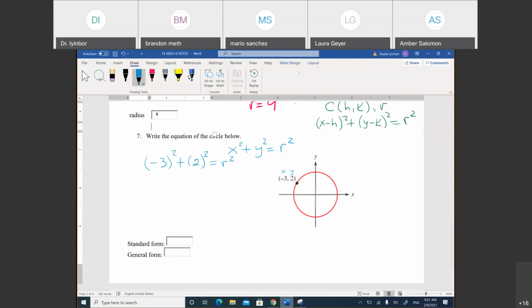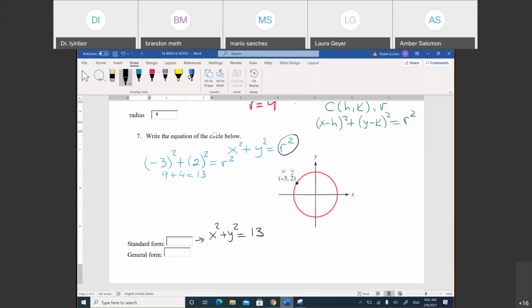Negative 3 times negative 3 is 9, plus 4 is 13. So r squared is 13. So I'm going to replace r squared with 13, and that's my answer. So the standard form is going to be x squared plus y squared equals 13. Okay? That's my answer for the standard form.